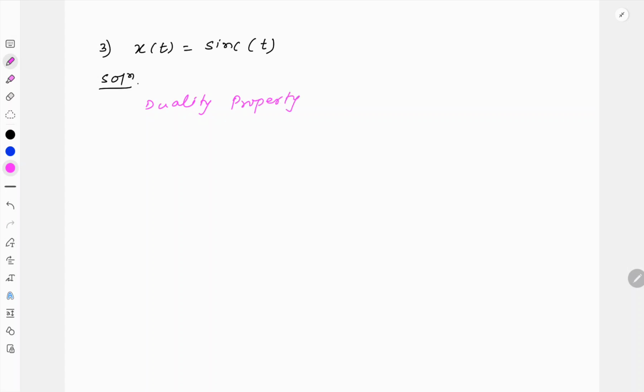So we have the duality property as: if x of t has Fourier transform x of omega, then x of t has Fourier transform 2 pi x of minus omega.